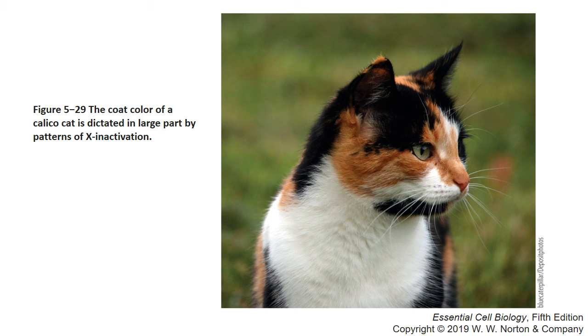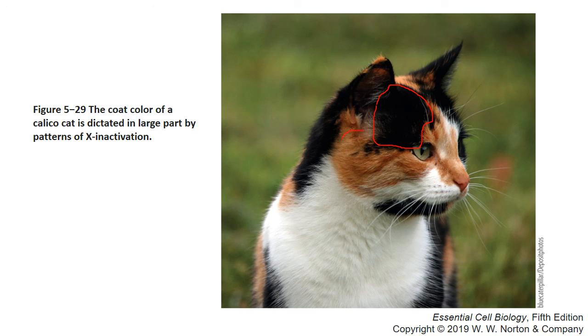So for instance, right here you see a beautiful patch of black. This basically indicates a collection of cells. You can think of them as descendant cells or daughter cells that all originated from that one cell that had randomly inactivated the orange color, which allowed the black color to seep through.